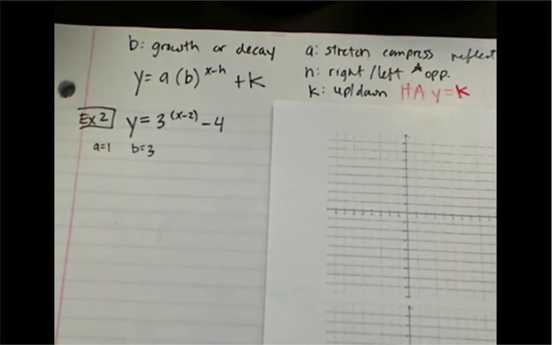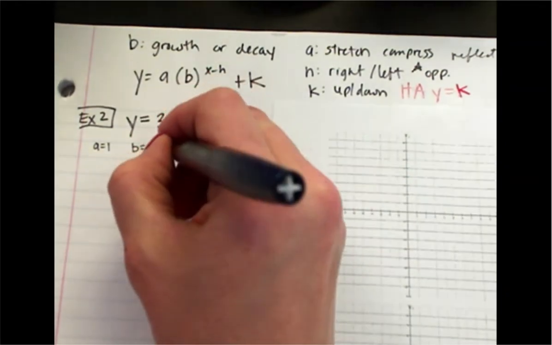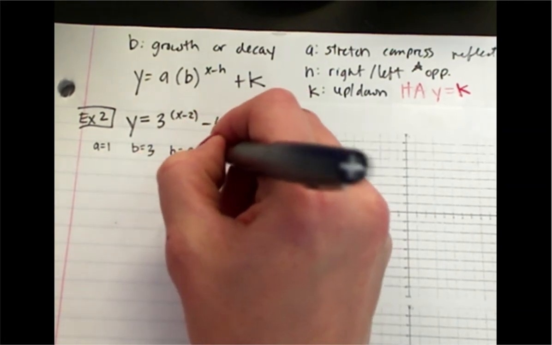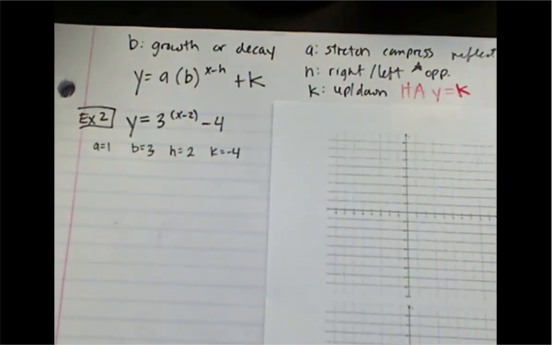The base is the part attached to the exponent. It's not a stretch. It's 3. And then H is 2, and K is negative 4. I'm not going to define those values every time, but I want you to see that the base is 3, not the stretch value. Yes?